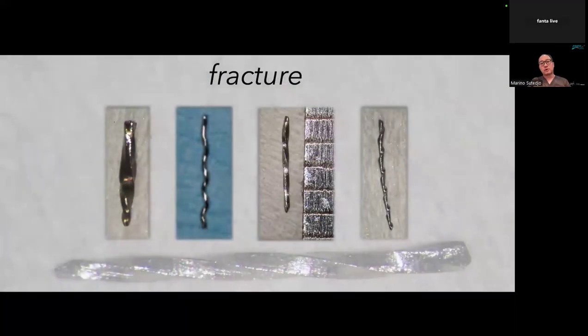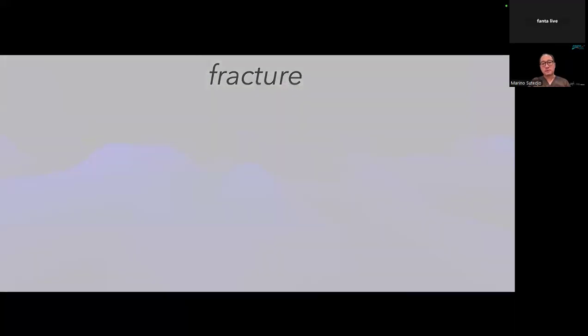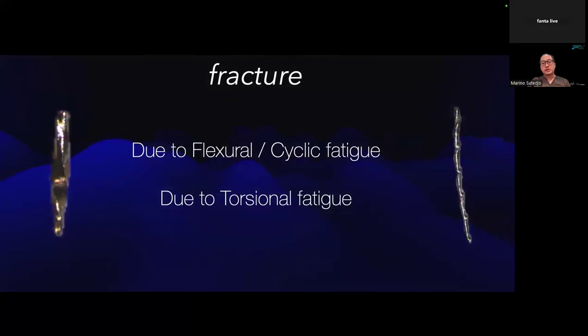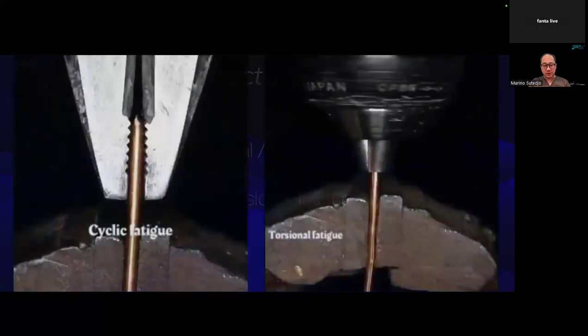So if you are looking at instrument fracture, we know that fractures can happen due to two causes of problems. First, it can be caused by flexural, or let's say cyclic, fatigue, and it is also caused by torsional fatigue.